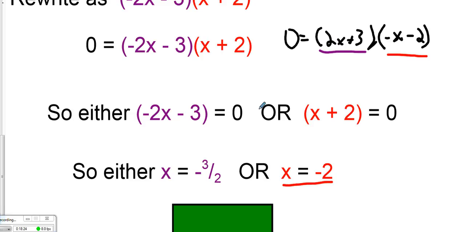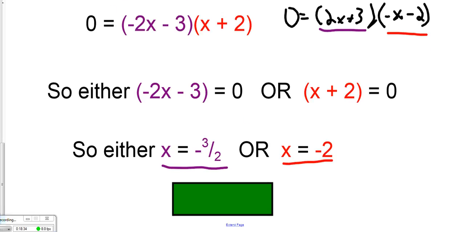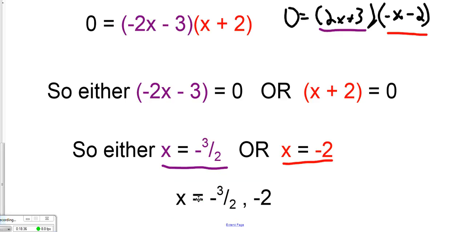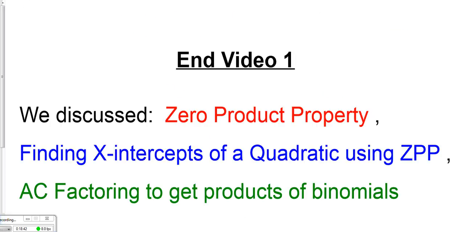Negative 3 divided by 2 is negative 3 over 2. So this one would be the same as well. So again, you can see why this option or this option will give you the same answers. So in the end you say, all right, x equals negative 3 over 2 or negative 2. Those are my two answers in this case.